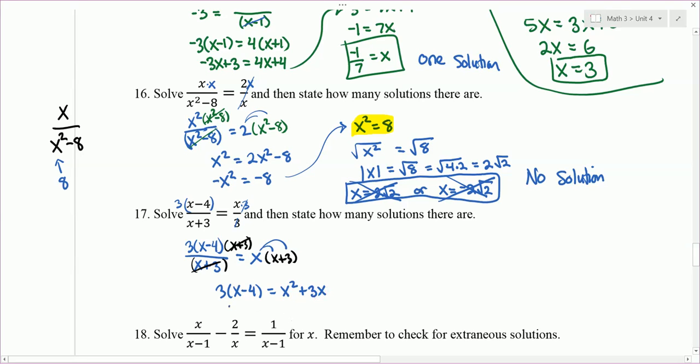Keep going, we get 3x minus 12 equals x squared plus 3x. If you subtract 3x from both sides, you end up with x squared equals negative 12.